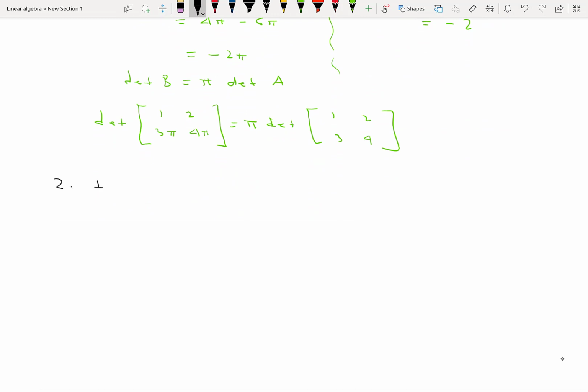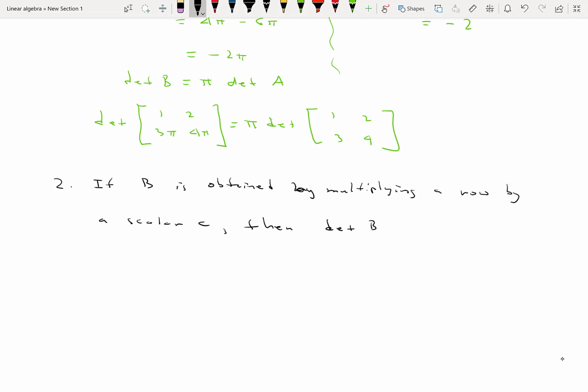Part 2 of the theorem says that if a new matrix B is obtained by multiplying a row by a scalar C, okay, so B is obtained from A by taking just any row of A and multiplying by a scalar C, then the determinant of B is equal to C times the determinant of A. You can factor constants out of determinants.